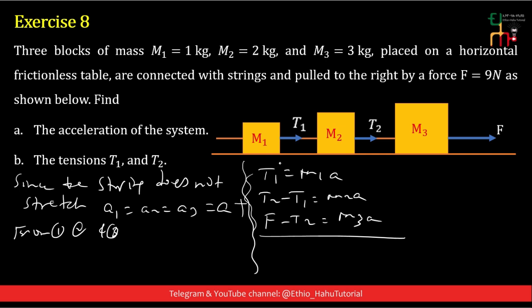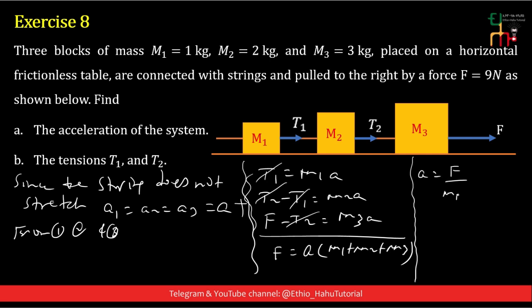When we add these three terms, T1 goes with minus T1, T2 goes with minus T2. On the left side, we have F. This is equal to M1 plus M2 plus M3 times A. A is common. And from this, A is equal to F divided by M1 plus M2 plus M3.